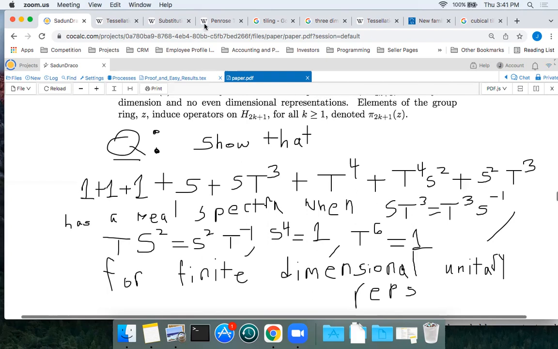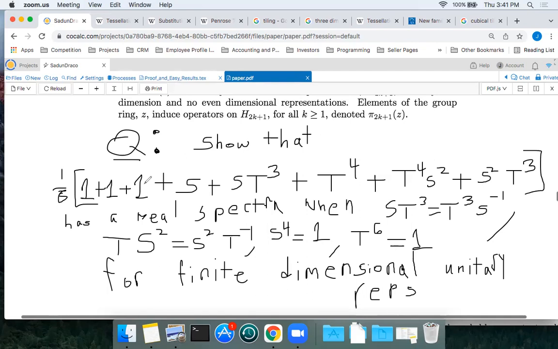Okay, so now let's try to show that this operator has a real spectrum. The way that we're going to do it is as follows. First of all, we can just ignore a bunch of this stuff right off the bat. You see there's this one a bunch of times. To be totally honest, there should be this 1/8, right? This is the conjecture: this has a real spectrum. You see there's 3 copies of the identity matrix.